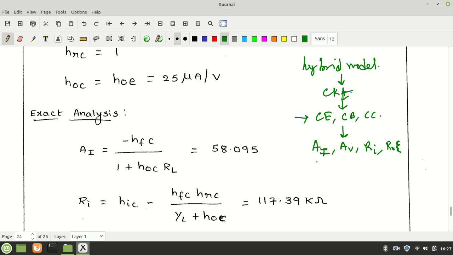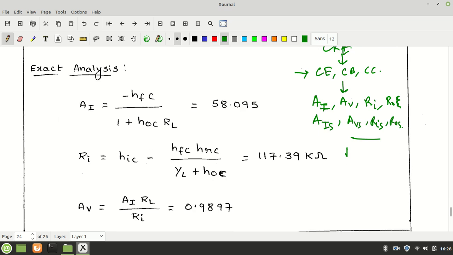And by considering an actual source, we have the overall current gain, overall voltage gain, overall input and overall output. So those things, and the last thing is the approximate model.